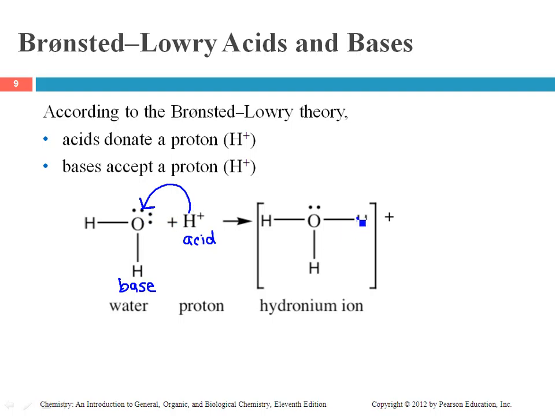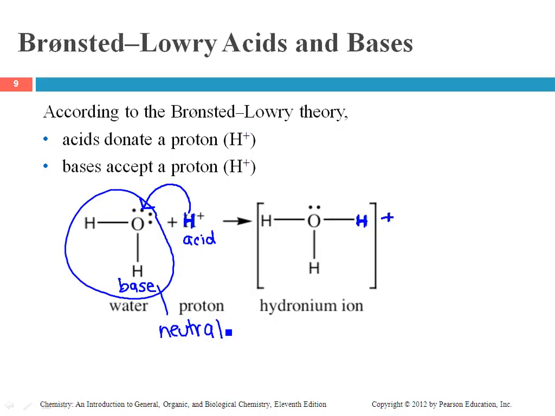Okay, so we can imagine that this is this hydrogen here. Okay, and the proton has a positive charge. And so what happens is it's going to accept this proton, and it gives it a positive charge because the water was neutral. Okay, if we look at it here, it's neutral.